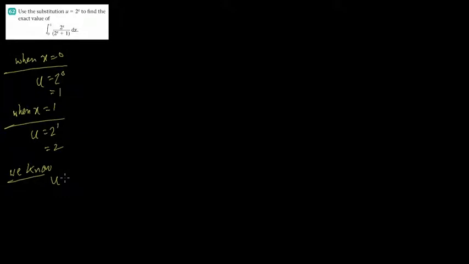We know u equals 2 to the power x. This might not be a common derivative, but it comes in handy to remember this. d by dx of a to the power x is a to the power x into ln a. This comes in handy.